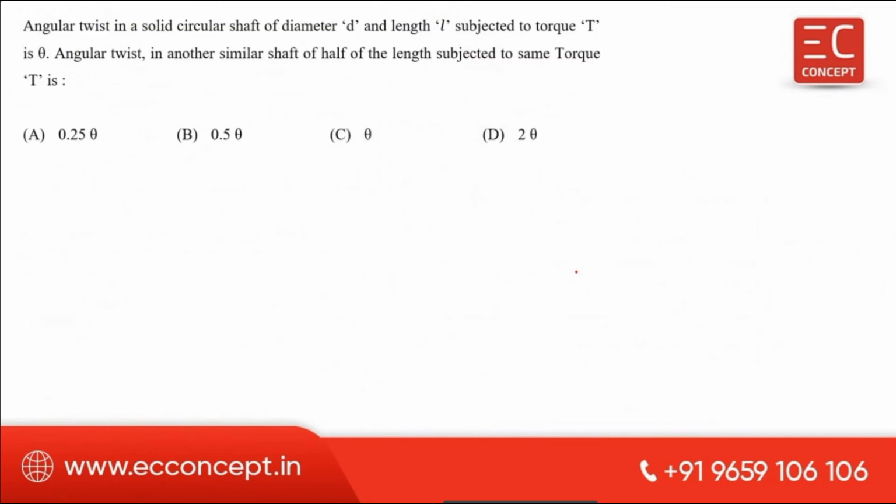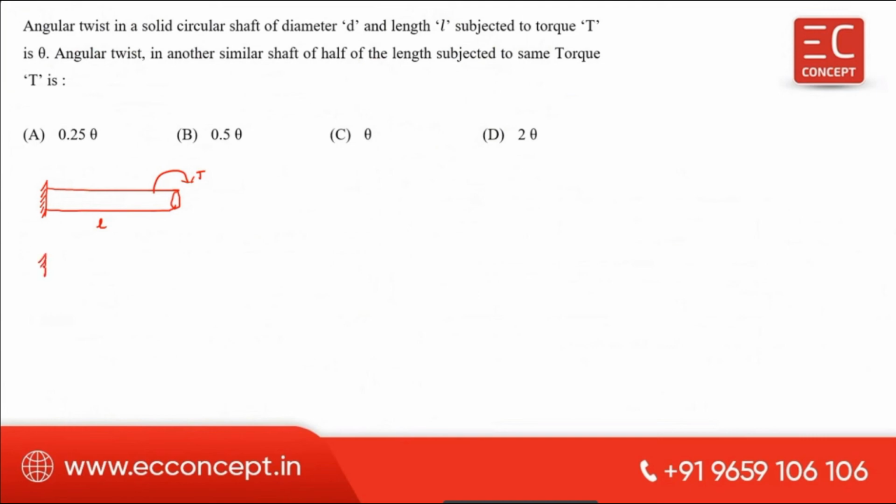Now we are going to see the next question, that is: the angular twist in a solid circular shaft of diameter d and length L subjected to torque T is theta. So there was a shaft of length L subjected to torque T. Angular twist in another similar shaft of half the length is asked.